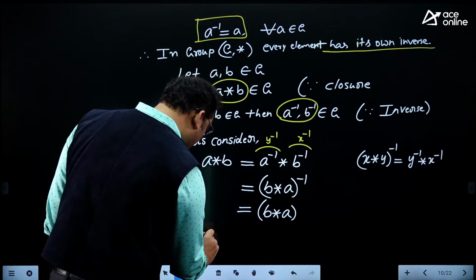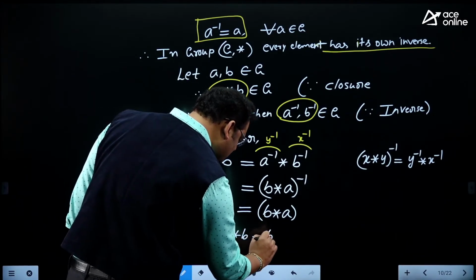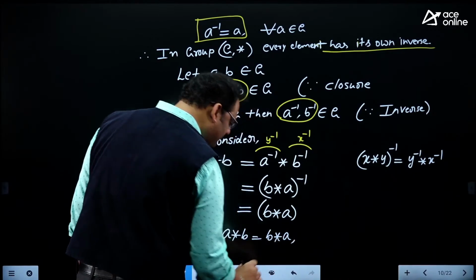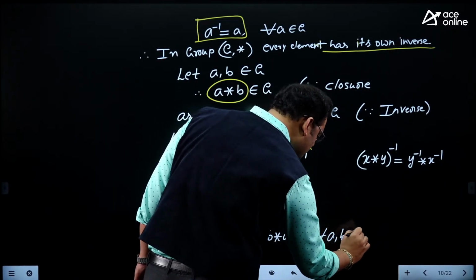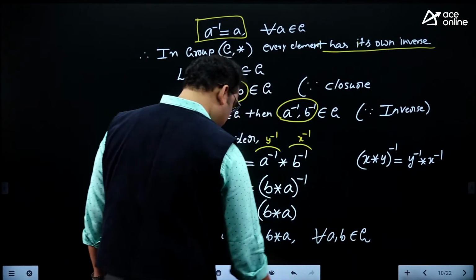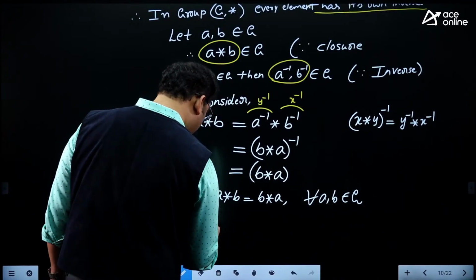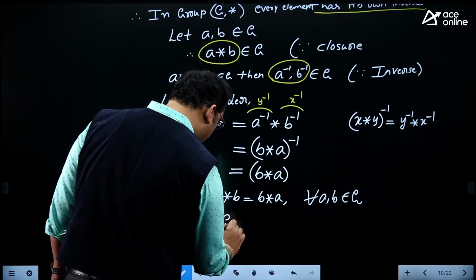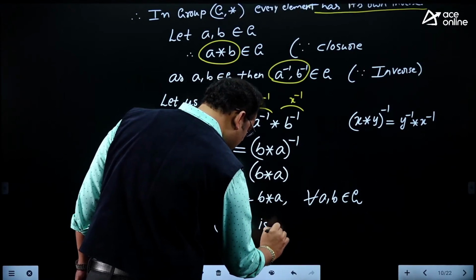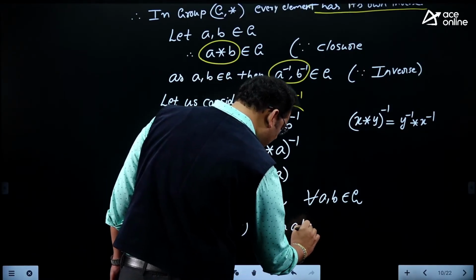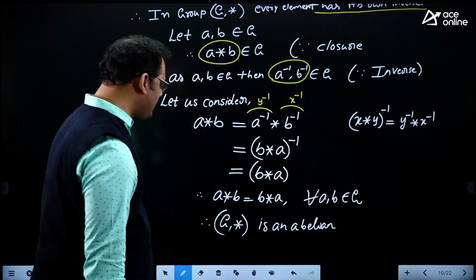Therefore we can say that here we got A star B is equal to B star A for all A comma B belongs to G. So hence we can say that the given G under operation star is abelian, right?